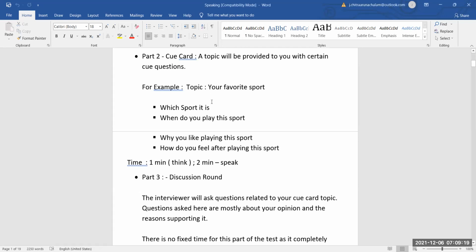Describe your favorite sport. This is a topic. And these 4 are the cue questions. Normally you get 4 cue questions. So which sport it is, when do you play the sport, why you like playing the sport, how do you feel after playing the sport.